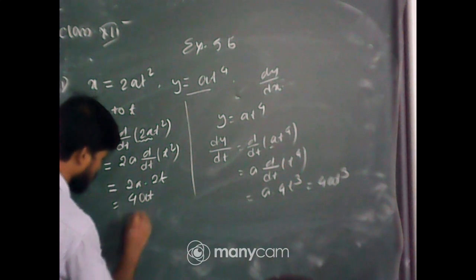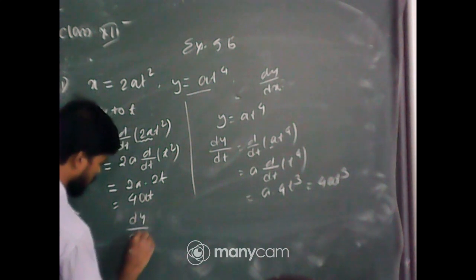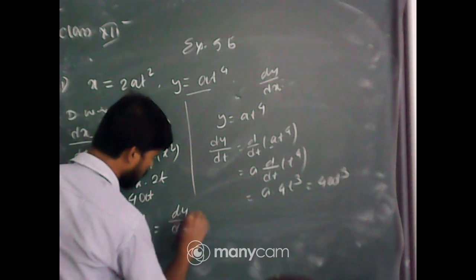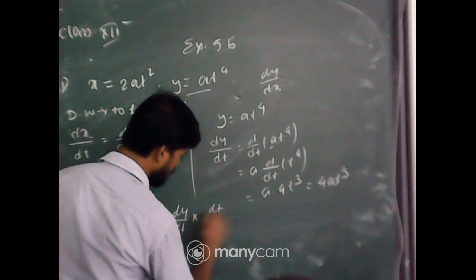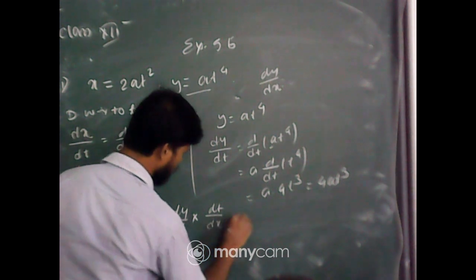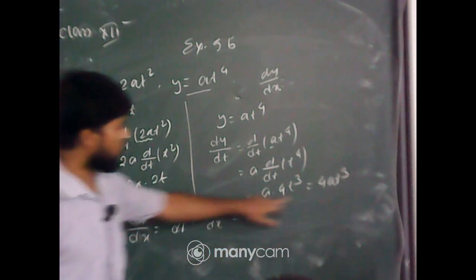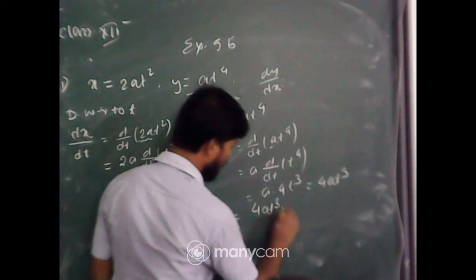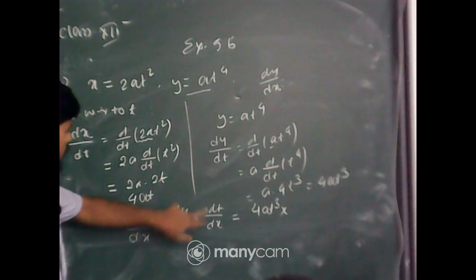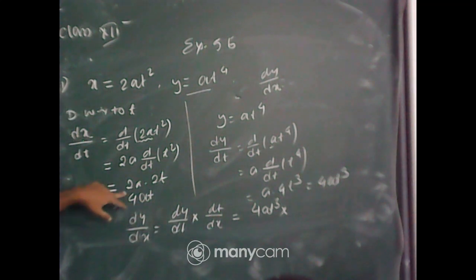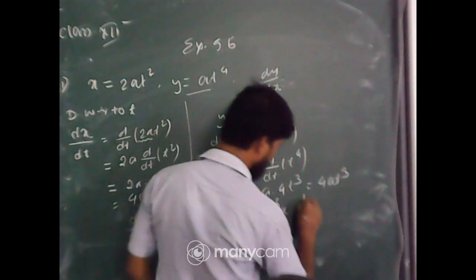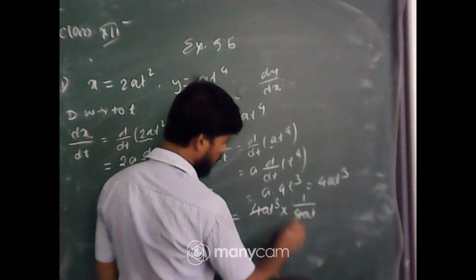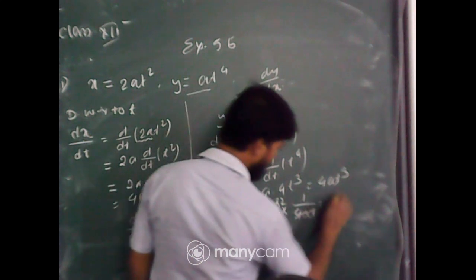Now we will use the chain rule to calculate dy/dx. So dy/dx is dy/dt into dt/dx, which implies the value of dy/dt is 4at cube, into the value of dt/dx, which is just the reciprocal of dx/dt, meaning 1 by 4at. Now cancel 4a and t, so the answer is t square.